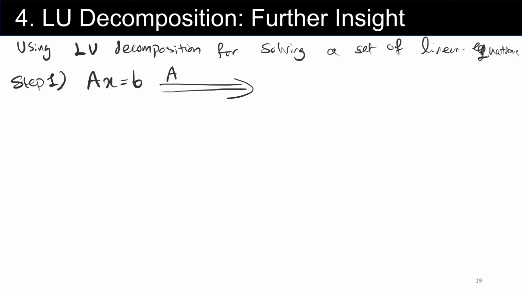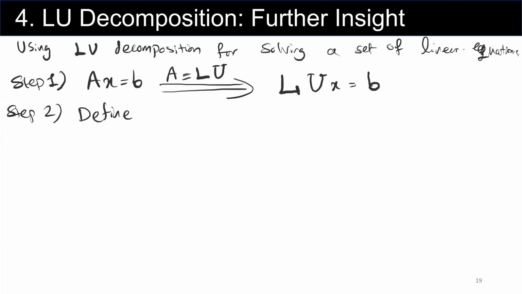We use the alternative version of matrix A, which is LU, this LU decomposition. If we replace A with LU, we are going to have L multiplied by U multiplied by X equal to B. In the next step, step 2, we define vector Y, which is an n by 1 vector.